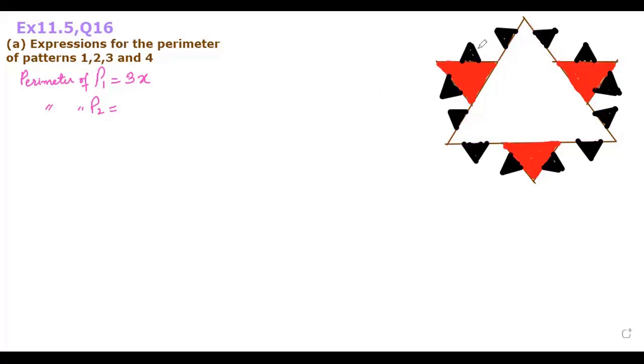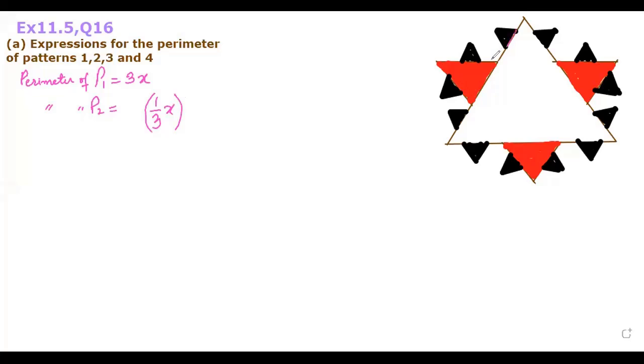Now each length is 1/3 of the white triangle, which is x. So how many sides are we observing here? 1, 2, 3.